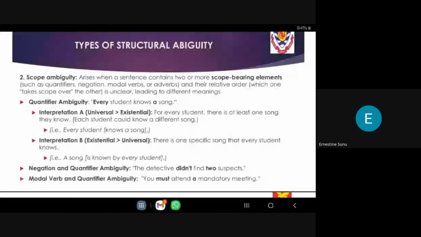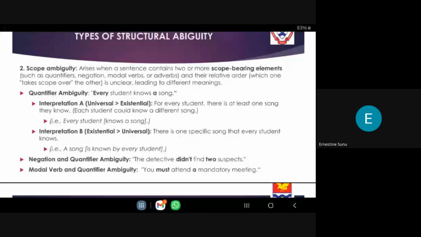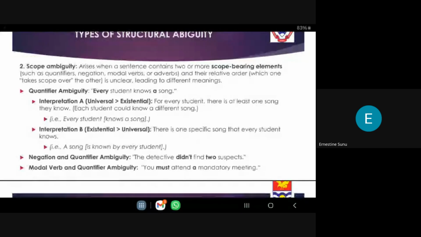So for example, every student knows a song. One meaning can be, for every student, there is at least one song that they know. Then another meaning could be, there is one specific song that every student knows. So these are two interpretations that the listener can apply to the utterance.